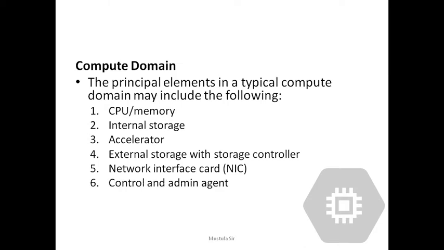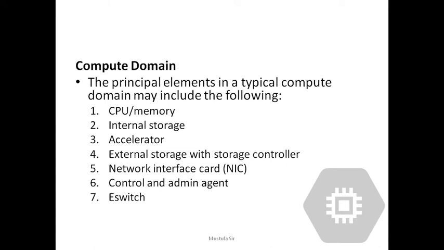Sixth is the control and admin agent that connects the virtual infrastructure management, short form VIM. I will be discussing VIM in detail in the further slides. It connects the VIM with the NFV concepts and architecture, acting as an agent. Then the E-switch, that is the server embedded switch.